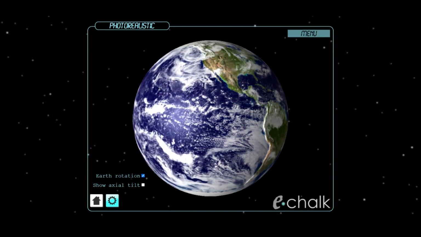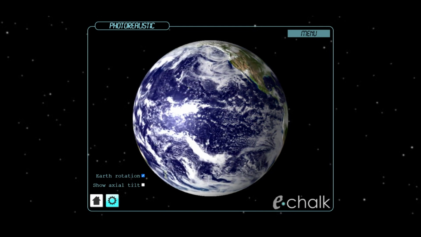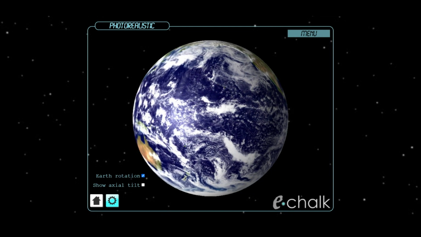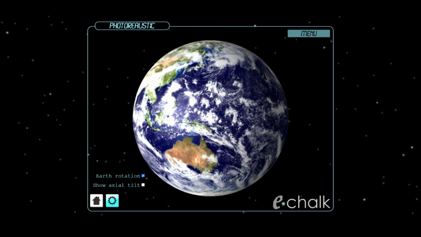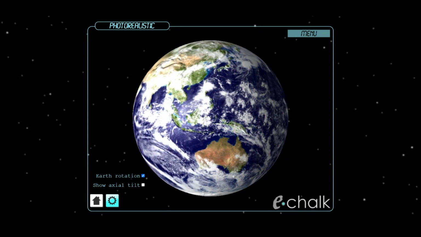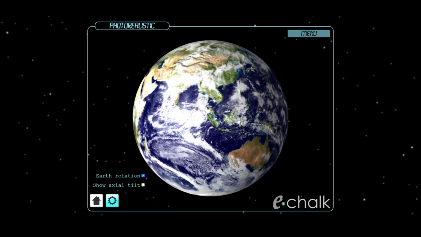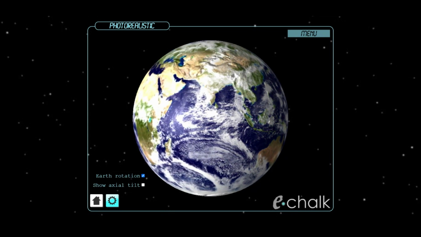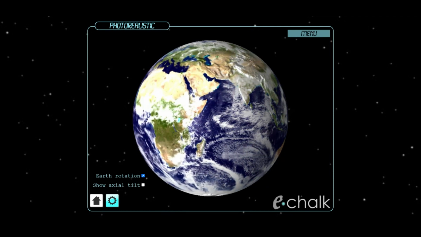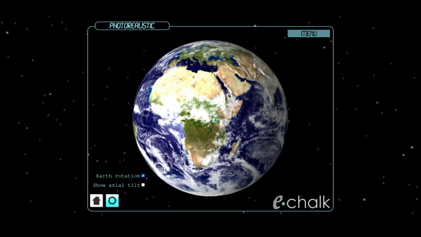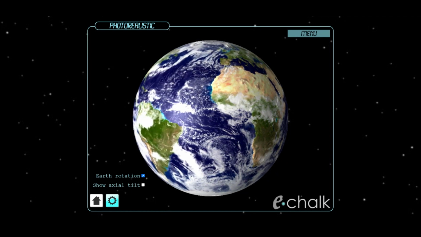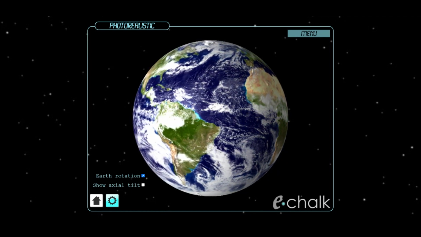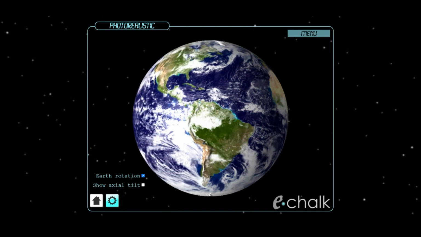Temperate zone, from the Arctic and Antarctic Circle to the Tropic of Cancer and Capricorn. Torrid zone, from the Tropic of Cancer to the equator and the Tropic of Capricorn to the equator.